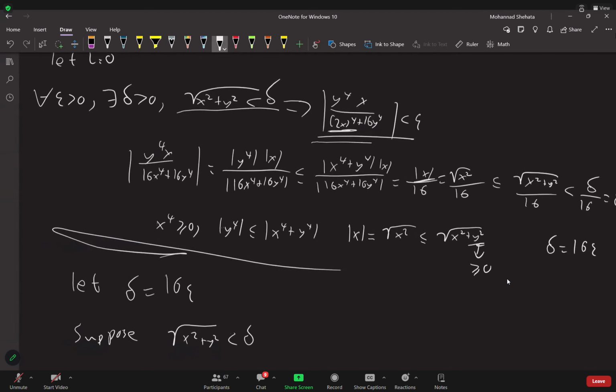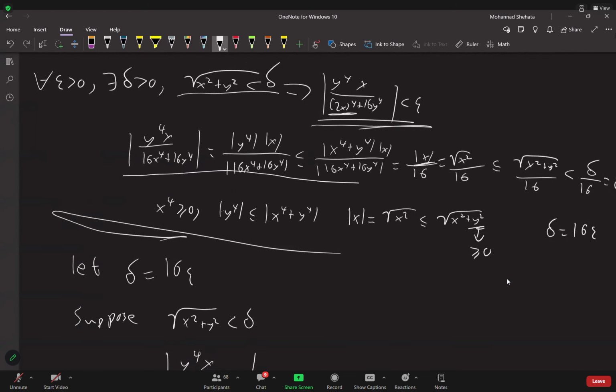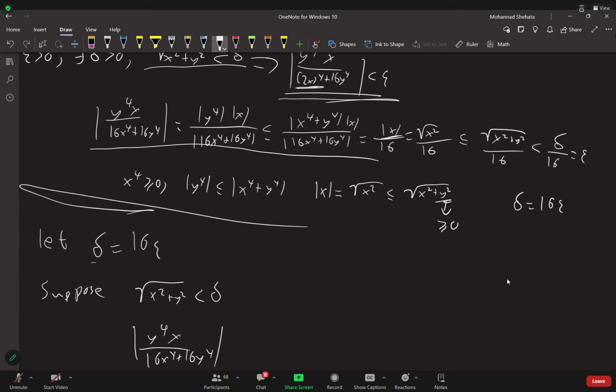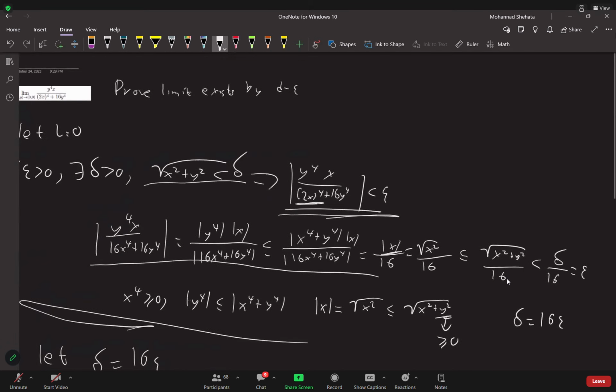So you start with the square root of y to the 4x over 16x to the 4 plus 16y to the 4, and you end up doing these exact bounds again. Just to make the proof more formal, you have to let epsilon be 16 delta, because that's the choice you want to make, and you want to show that this choice works. How do you show it works? We just showed it, but you kind of have to show it again.